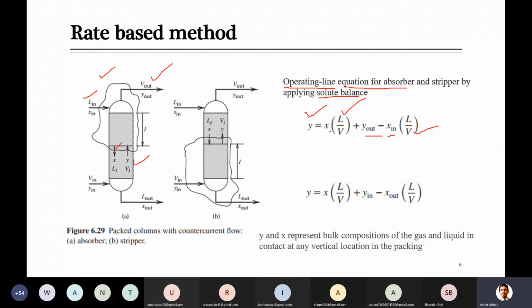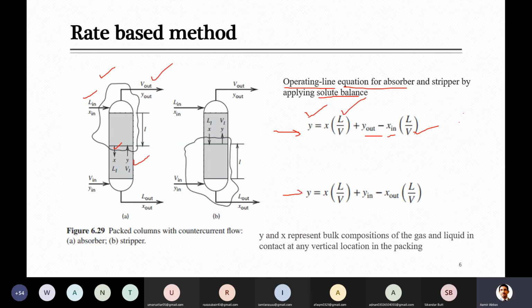And when you solved the problem related to the tray tower, you used such a kind of equation in which, when you have calculated all the other terms, you can get the values of x and y, and later on you can plot them to get the operating line.